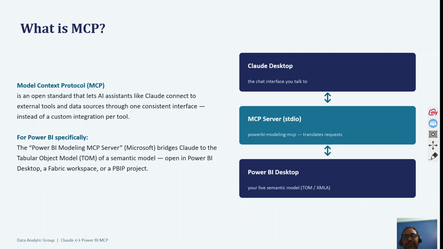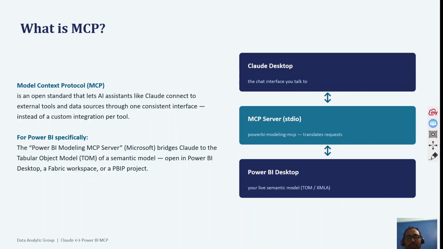One more example. Instead of creating custom integrations with Power BI, SQL Server, GitHub, SharePoint, and Salesforce, here AI uses one single protocol, that is MCP, to communicate for all of your activities. For example, consider the Power BI Modeling MCP server.